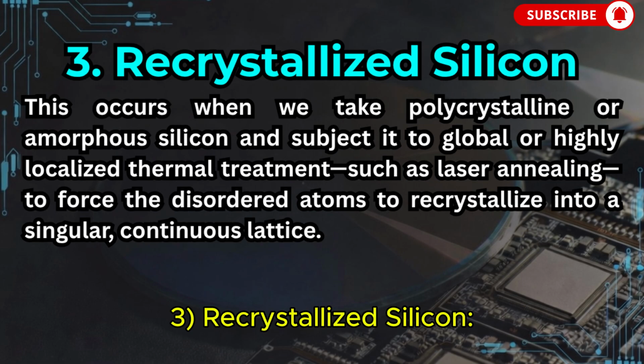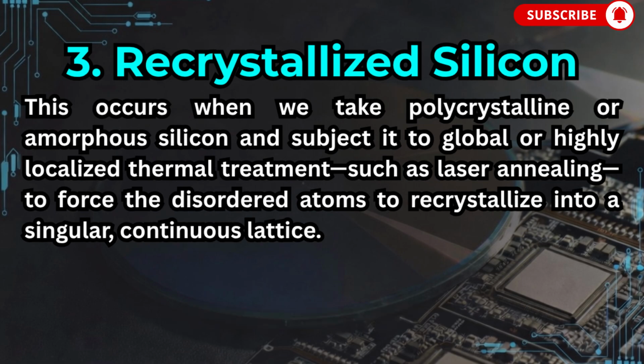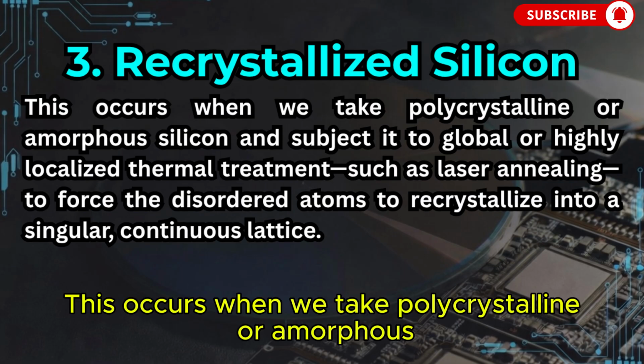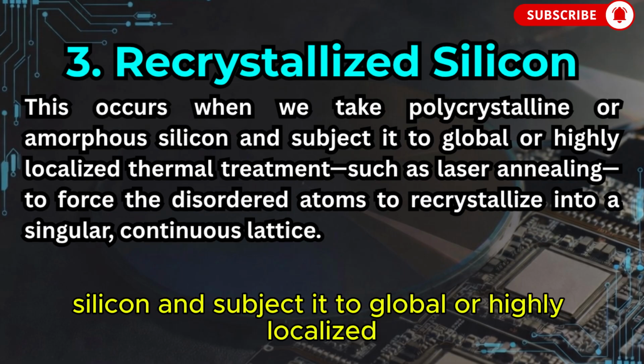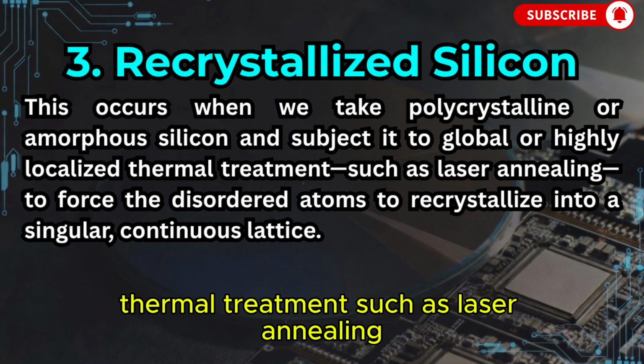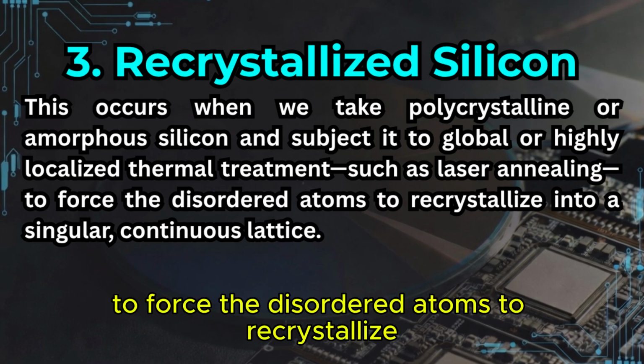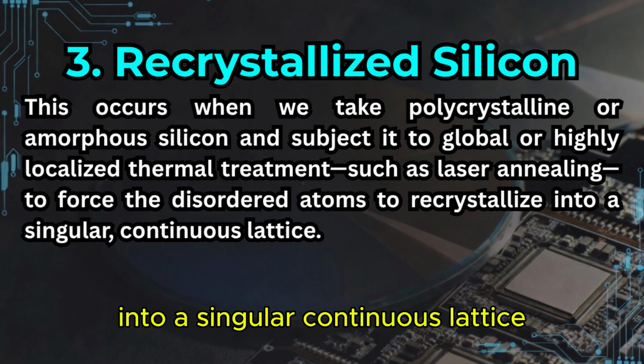3. Recrystallized silicon. This occurs when we take polycrystalline or amorphous silicon and subject it to global or highly localized thermal treatment, such as laser annealing, to force the disordered atoms to recrystallize into a singular, continuous lattice.